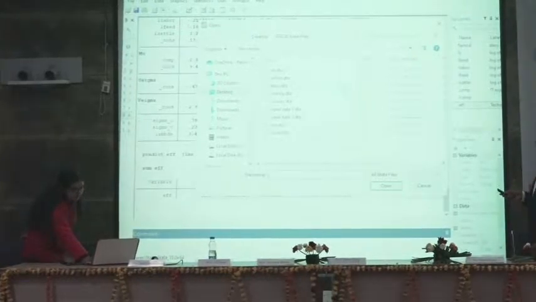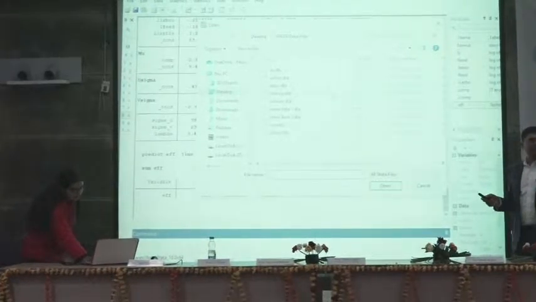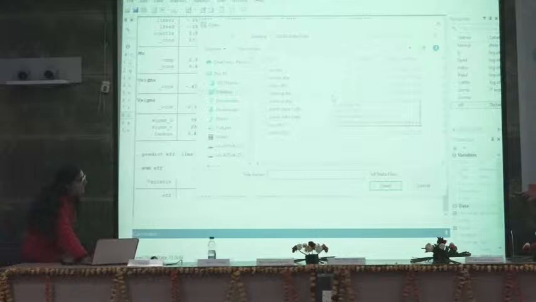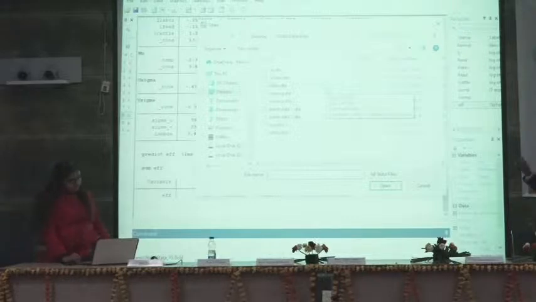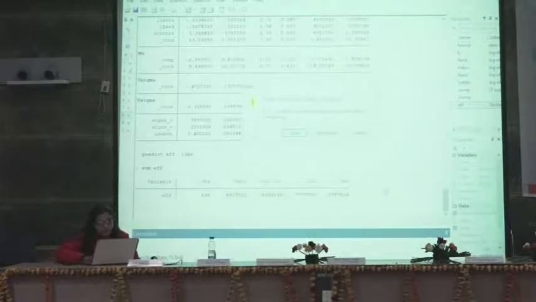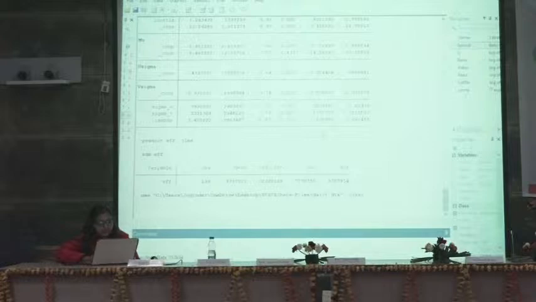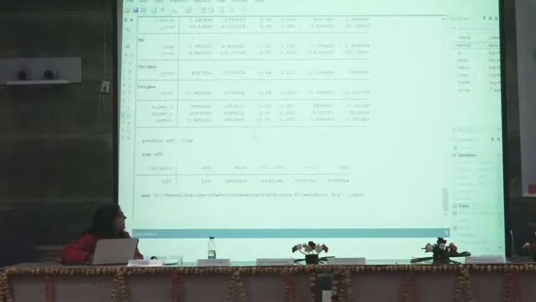This is the first step: how to choose the file, enter the data, or how to import the data. So Manisha, you can sit down please, and then just click select the files, open. Okay. So this is the new data. So show the data.